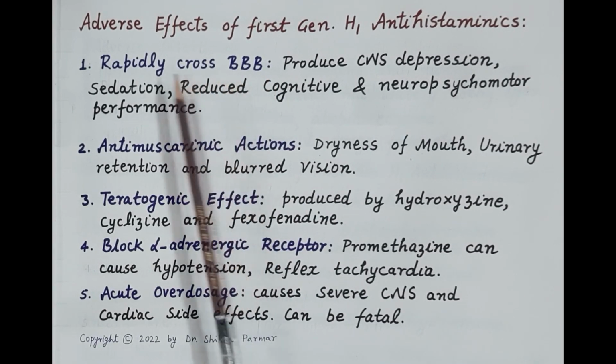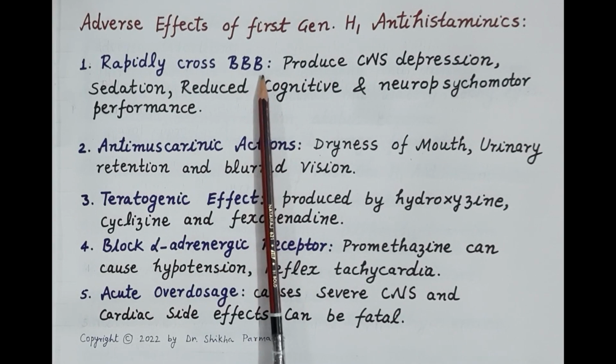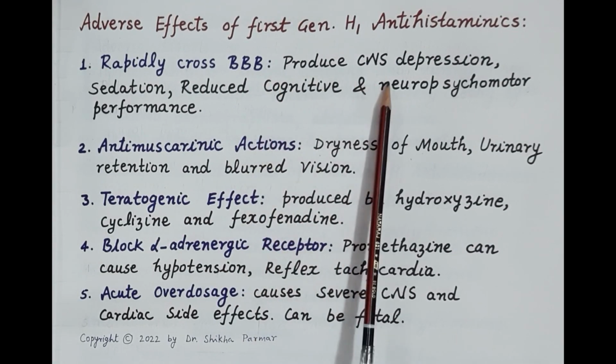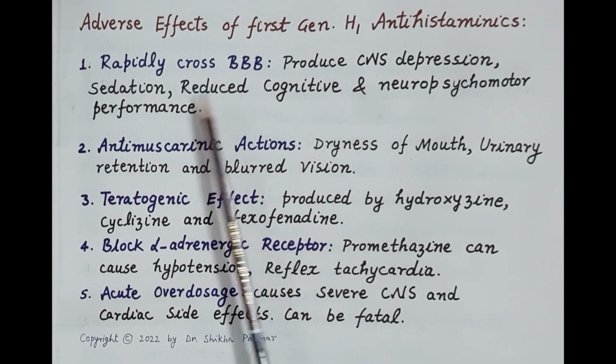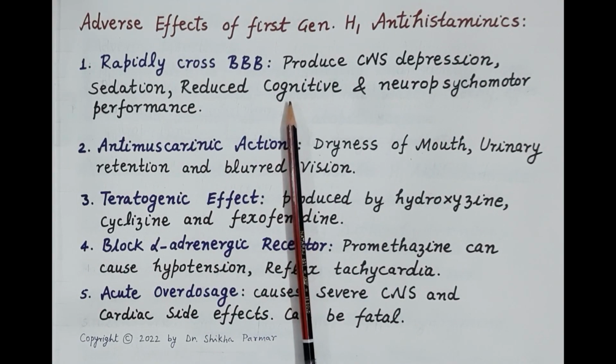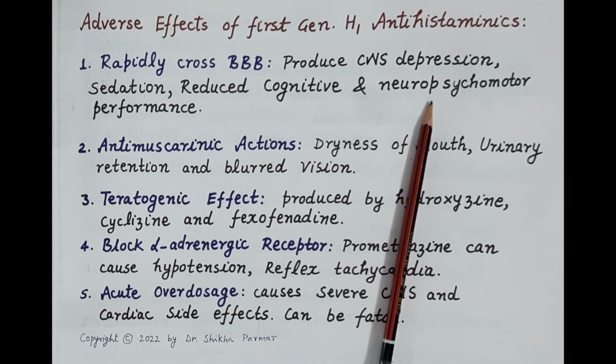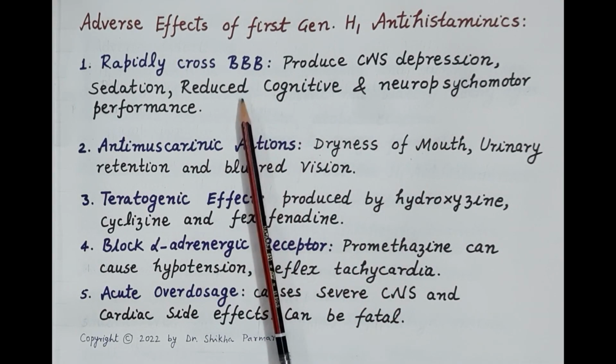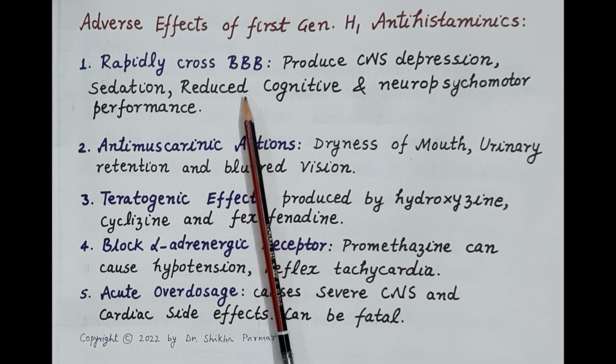As these drugs rapidly cross the blood-brain barrier, they produce central nervous system depression, sedation, reduced cognitive and neuropsychomotor performance, and therefore patients on first generation H1 antihistaminics are instructed not to drive or operate machines.